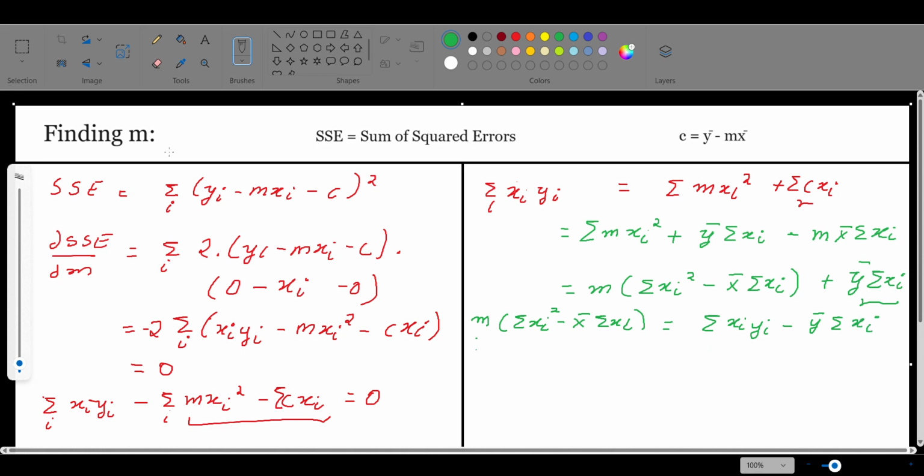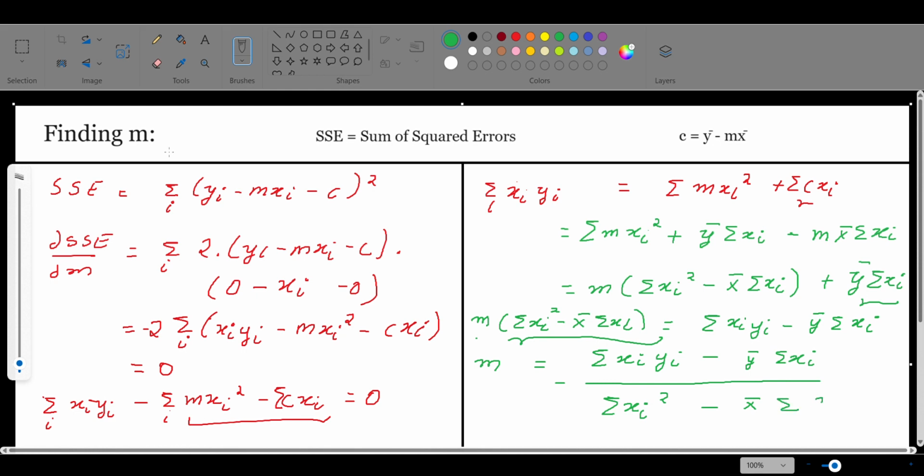This means that if we divide both sides by this term over here, we could say that m is equal to summation of xi yi minus y bar summation of xi, divided by summation of xi squared minus x bar summation of xi.